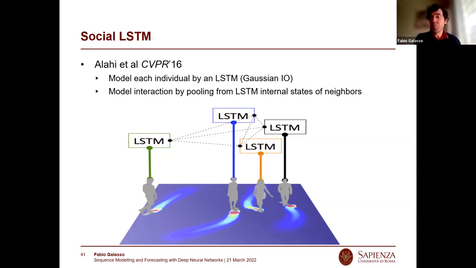There is one LSTM for each of the people, and the internal state represents each of these people. And I can combine this to have some social term. So we know that people move on the ground depending on the influence from others.